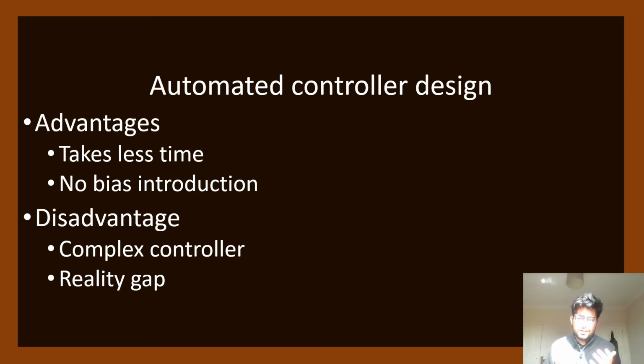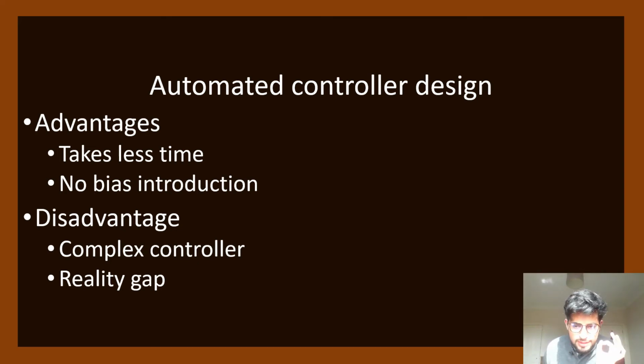And if you are using a cluster or multiple PCs, you can run multiple experiments at the same time and test and change parameters and so on. The PC is not going to introduce bias. It's always going to aim for perfection, to approach the perfect behavior.